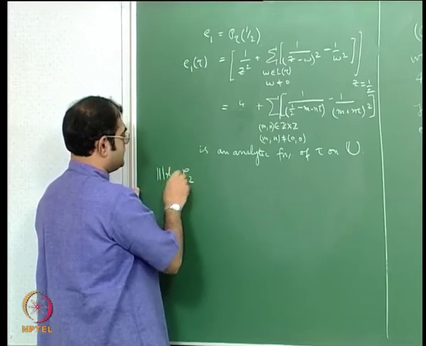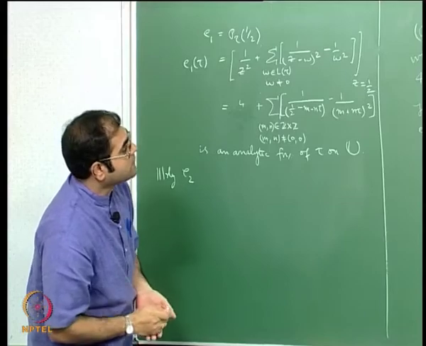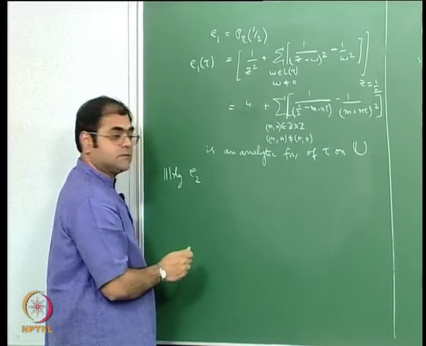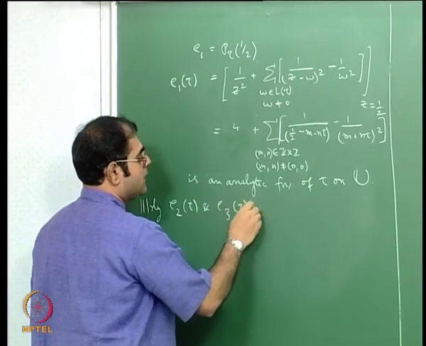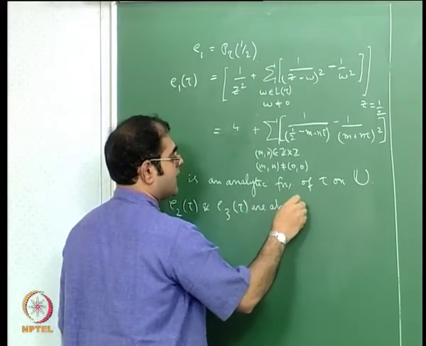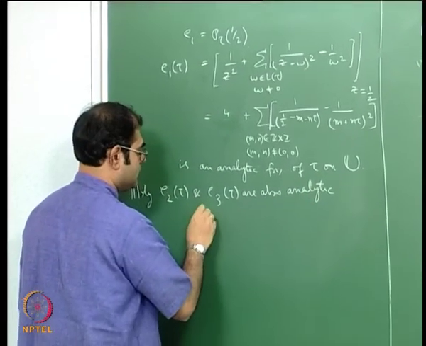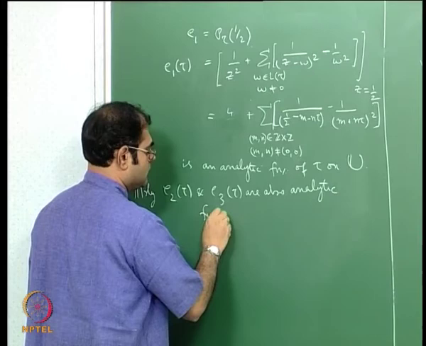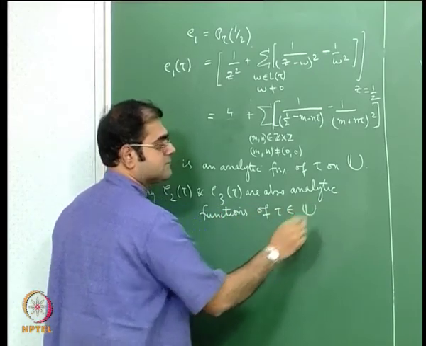In the same way you plug in the other two roots, these other two zeros of the derivative of the phi function, so you will get E2 of tau and E3 of tau, which are also analytic functions of tau in the upper half plane.